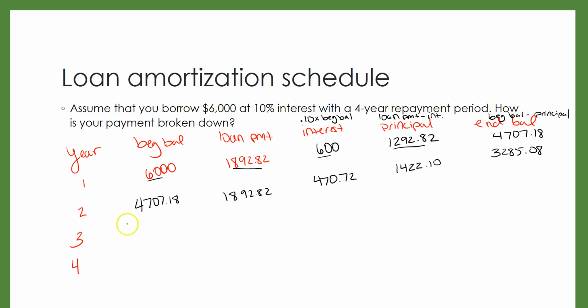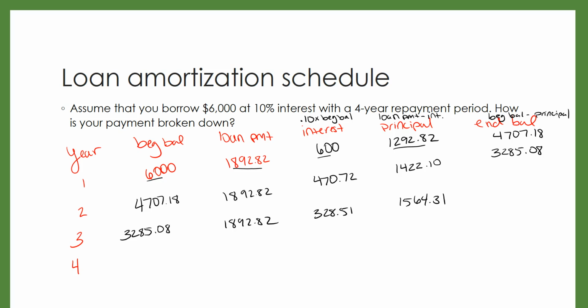And the process continues. The beginning balance is our ending balance from the previous year. Our payment stays the same. 10% times the beginning balance is $328.51. That means the remaining of our payment goes towards principal, which is $1,564.31.